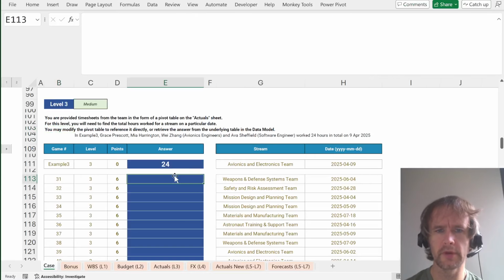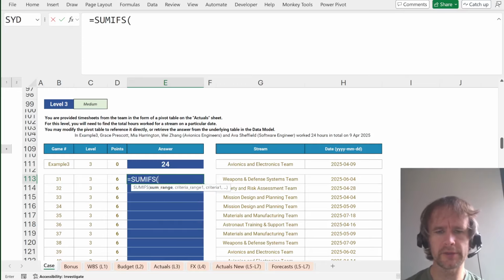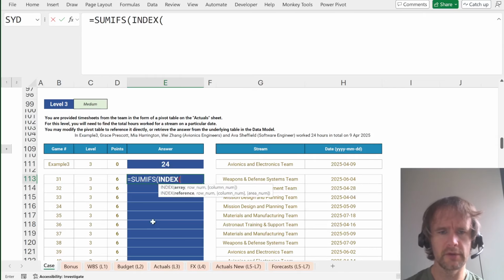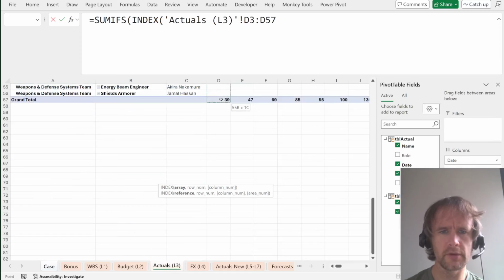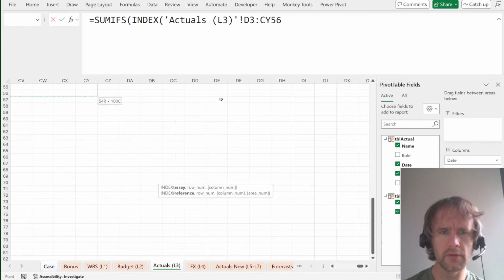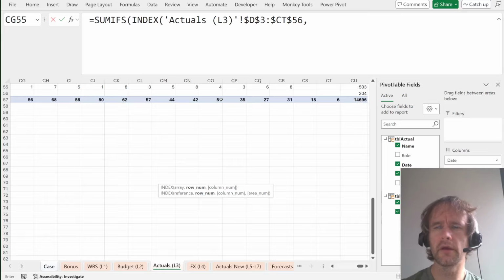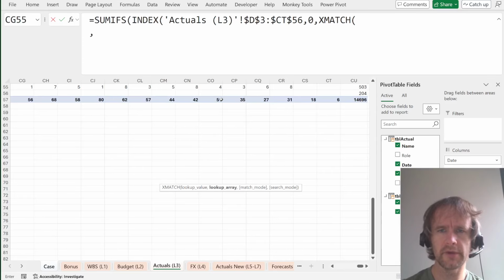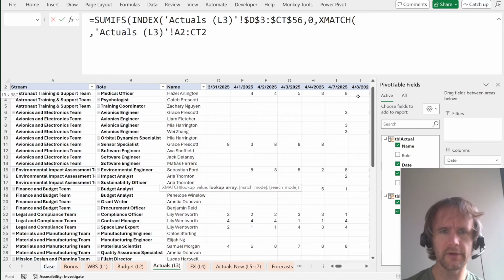So I want to say SUMIFS. The sum range is going to be INDEX, the pivot table range, out as far as there, where the row number is going to be 0 for every row, and the column number is going to be XMATCH my date, which I'll go get in a second, against the list of date headers here.